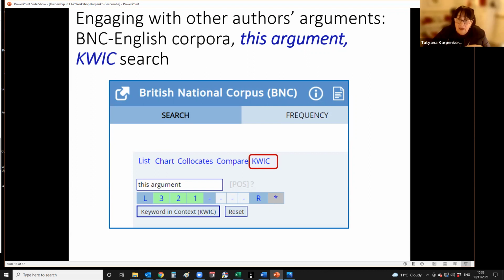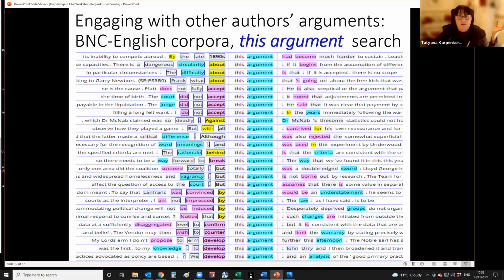So we can look at quick search, which is keyword in context. And if you are not familiar with the British National Corpus, you will see that the output is not very different from that of the LexTutor Concordancer, only it's color coded, very usefully for students who can't tell nouns from verbs. So nouns are in this turquoisey color and verbs are in pinky magenta color. So why am I looking at this?